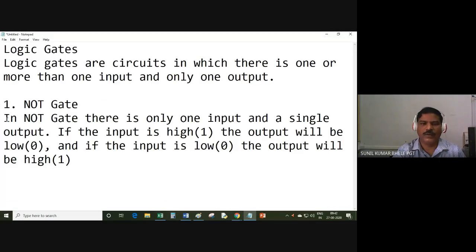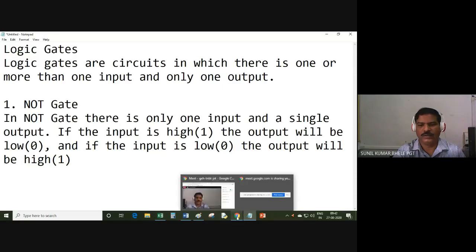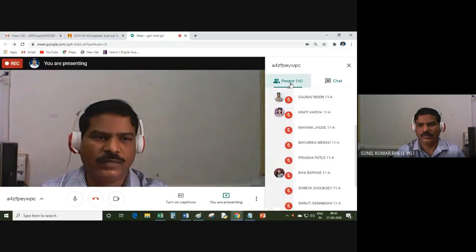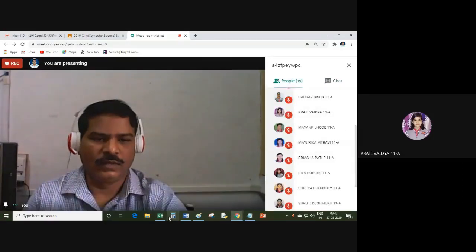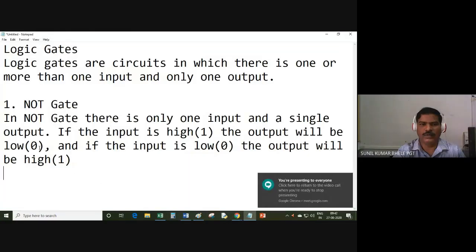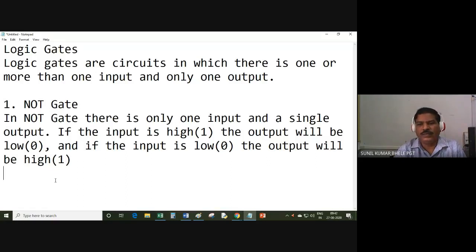Have you noted down about the NOT gate? No, sir. Okay, please note down: in a NOT gate there is only one input and a single output. If the input is high, the output will be low, and if the input is low, the output will be high.